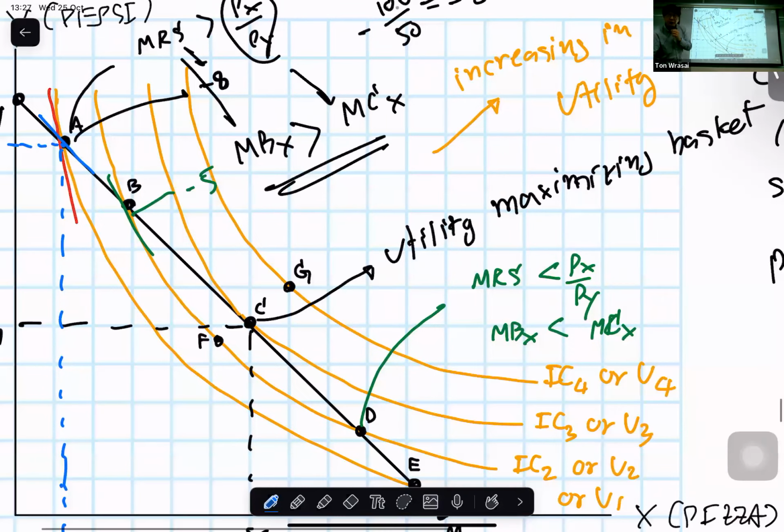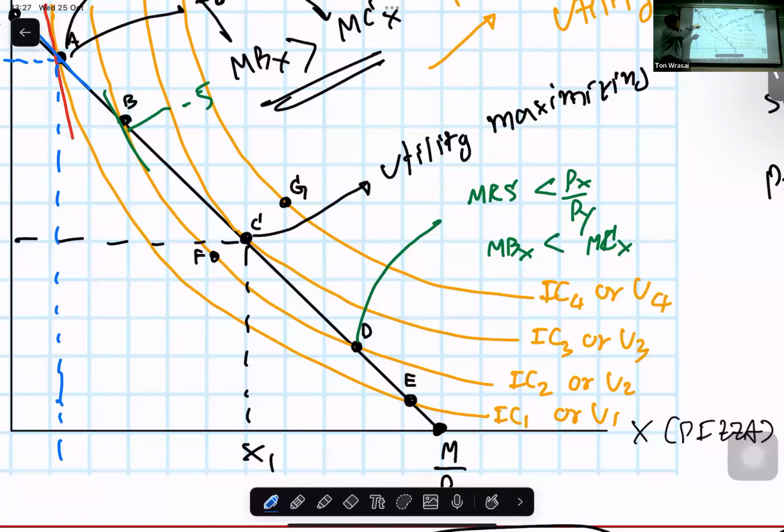Now it's time to stop. Once he arrives at point C, we can see already that MRS equals PX over PY, -2 equals -2, by the way. Then he stops trading now. Equilibrium is here. He makes no further trade. Once he arrives at this basket C, it's a utility maximizing basket.